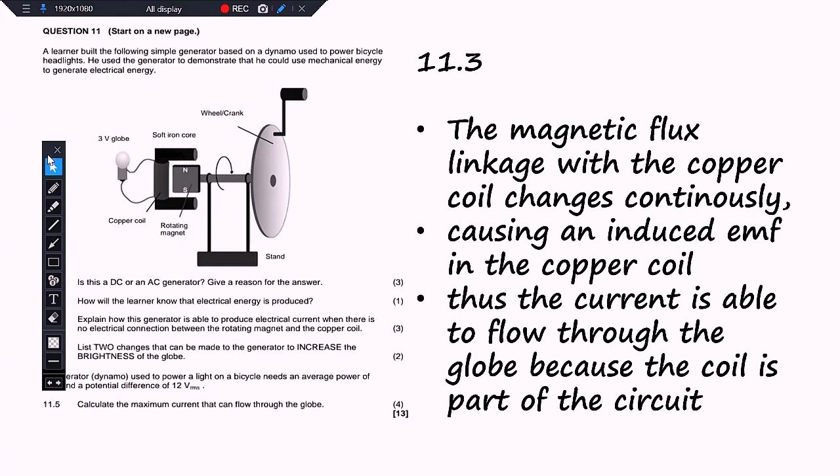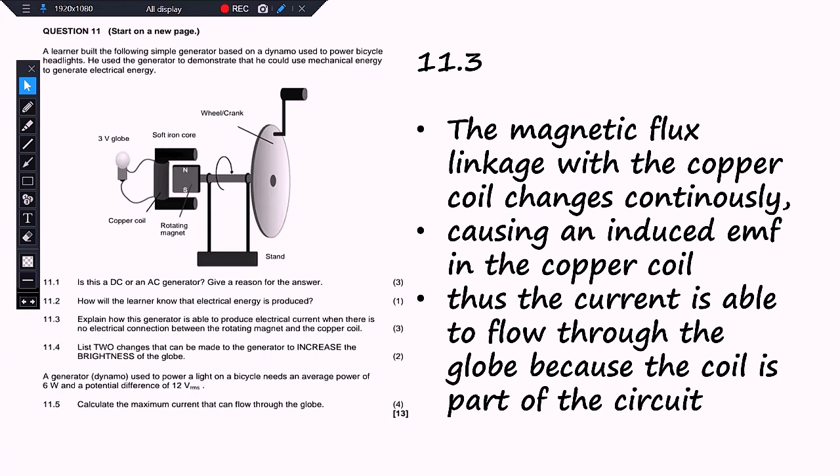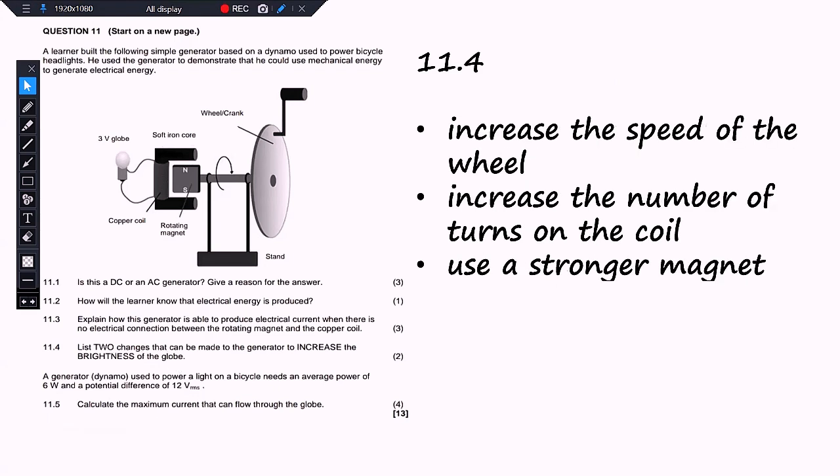to the next question. It says, list 2 changes that can be made to the generator to increase the brightness of the globe. Then how can we increase the brightness of the globe? We know that what will lead to us increasing the brightness of the globe is if we increase the induced EMF, which will then increase the current, right? So to achieve that, we must increase the speed of the wheel so we can rotate the wheel or the crank much faster.